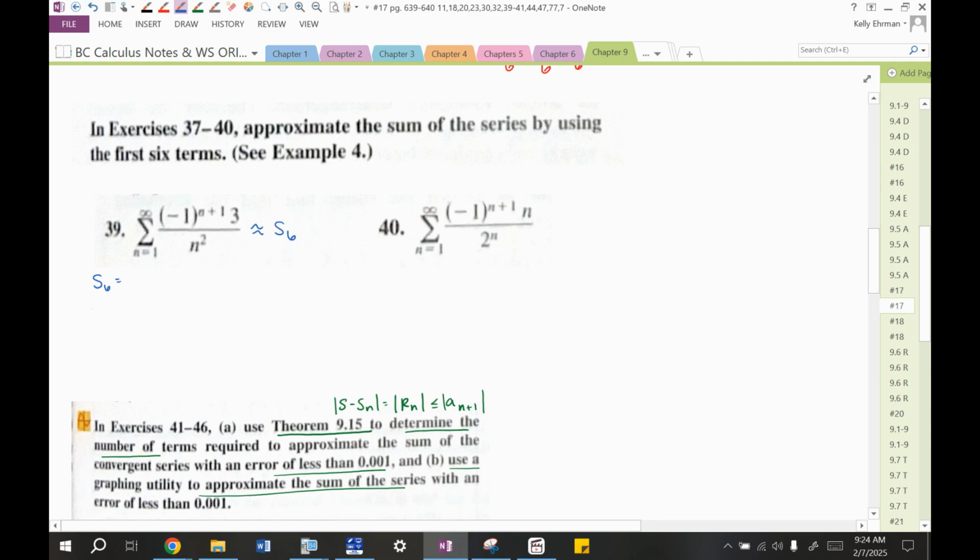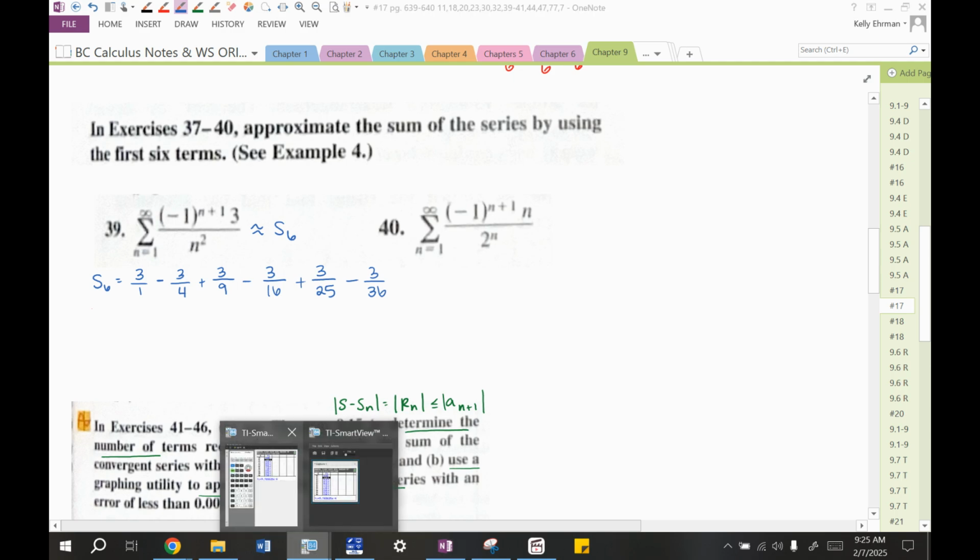So if you plug in 1, you get -1 squared, so you get 3 over 1. If you plug in 2, you're going to get -1 to the 3rd, so minus 3 over 4. And now I know it's going to alternate, so plus 3 over, what am I plugging in? 3. So 3 over 9 minus 3 over 4 squared is 16 plus 3 over 5 squared minus 3 over 6 squared. Again, I don't want to worry about simplifying.